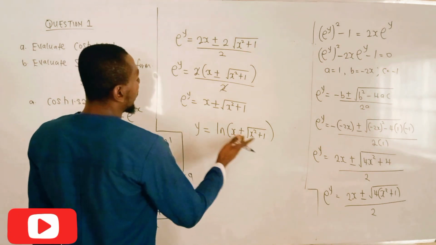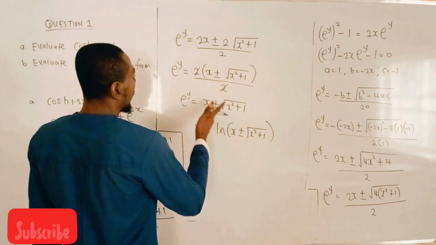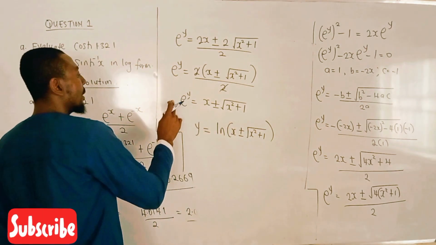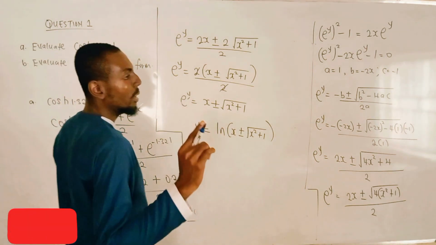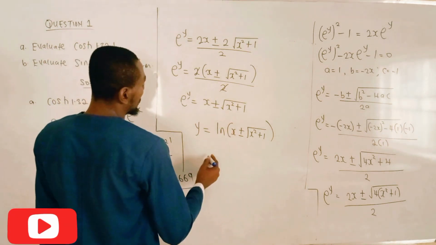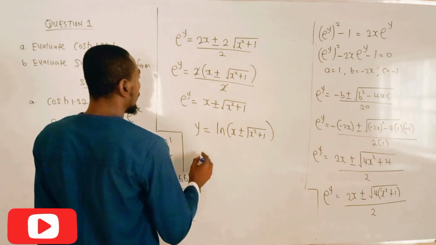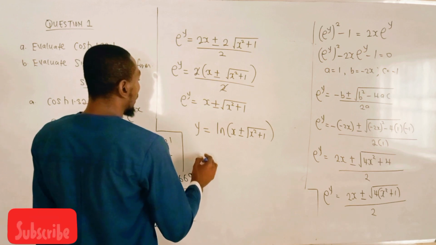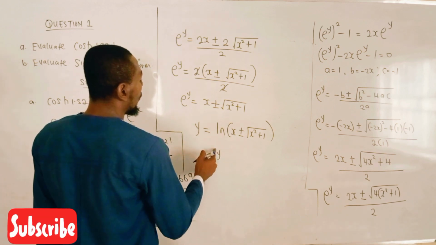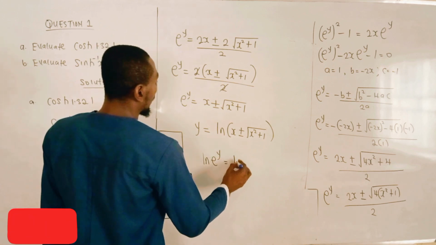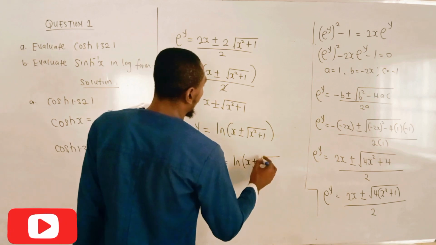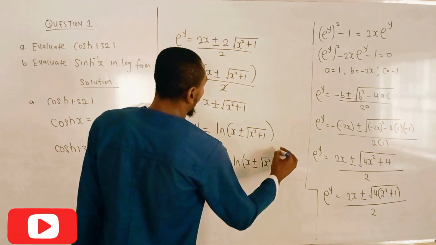That's when you apply the natural logarithm on both sides, and of course the ln of e^y will give us what? y. Okay, if you must show that, what actually happened there is taking ln of both sides: ln e^y is equal to ln of x plus or minus the square root of x squared plus 1.